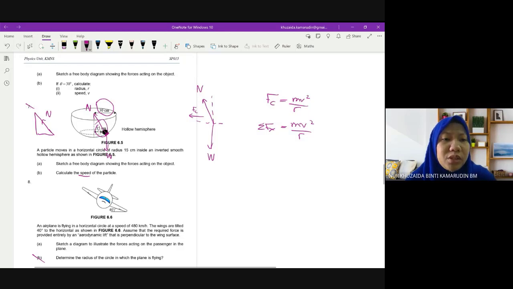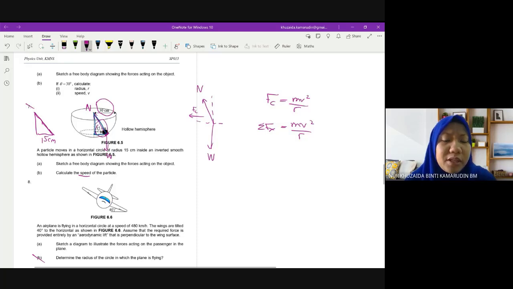So the information given over here, this one is 15 centimeter obviously. The hypotenuse over here nilai dia berapa? Saya tunjukkan semula triangle kita berada di sini. Saya letak kat sini 15 cm.